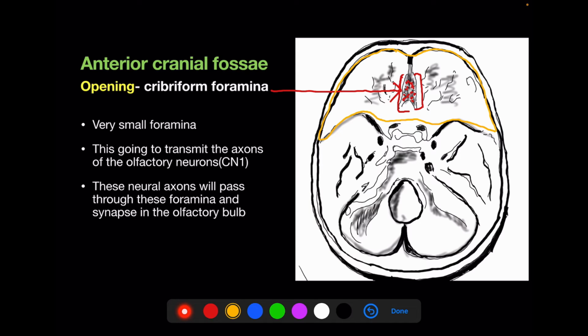What is the importance of this cribriform foramina? First of all, it's very small. As you can see in the picture, it's a very small foramina, and they are going to transmit the axons of the olfactory neuron, that is your cranial nerve number what? First. Here it is written in the second point.